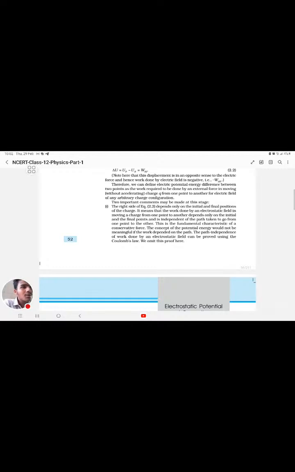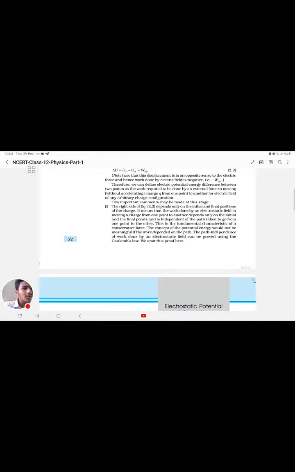அதாவது கன்சர்வேட்டிவ் ஃபோர்ஸை பொறுத்த வரைக்கும் என்ன மேட்டர் அப்படின்னா, ஒரு பொட்டன்ஷியல் எனர்ஜி அப்படின்ற ஒரு கேல்குலேஷனை பொறுத்த வரைக்கும் it should not depend on which path you are taking. Whatever the path you are taking, if there is a certain initial and final position, it is going to depend only upon those two particular points. So this is the fundamental characteristic.